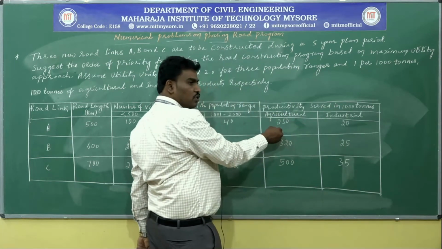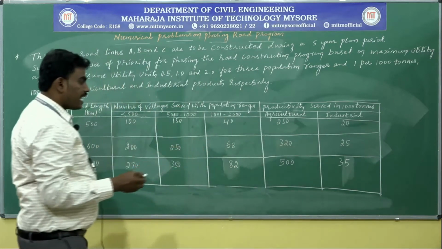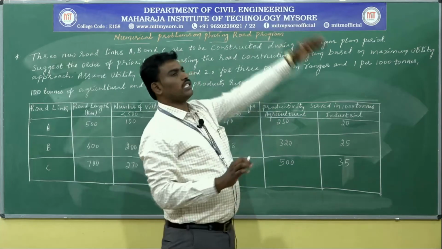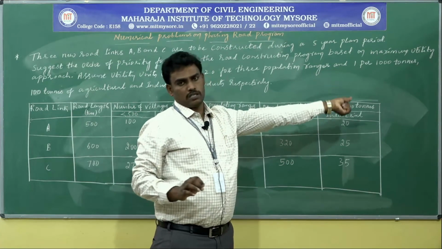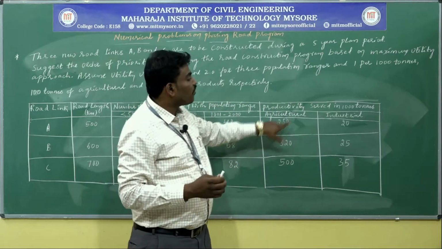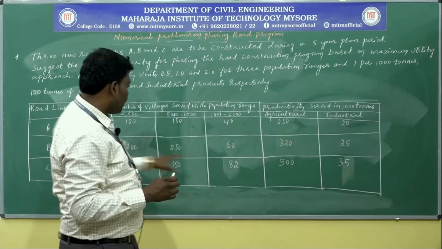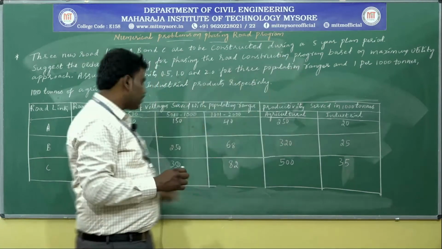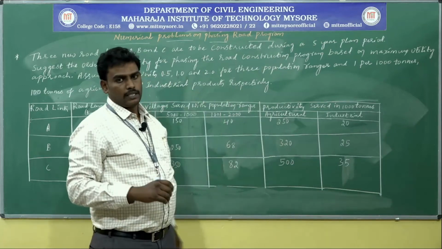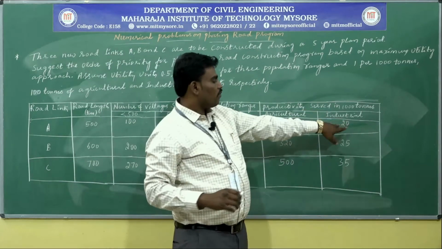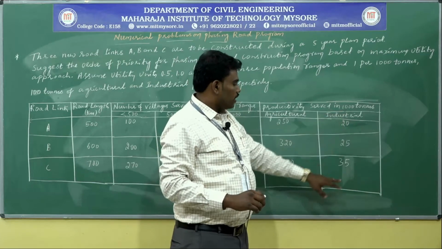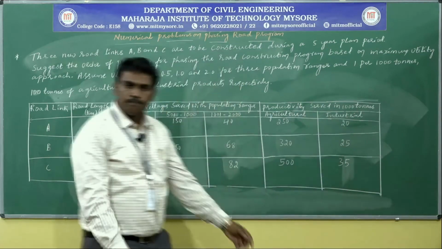For road link A it is 250 for agricultural, but it is 250,000 tons because they are given in 1000 tons. Then you have to read it as 250,000 tons, and for road B it is 320,000 tons. Then for road C it is 500,000 tons. Next, for industrial, for road A it is 20,000 tons, then 25,000 tons, 35,000 tons.